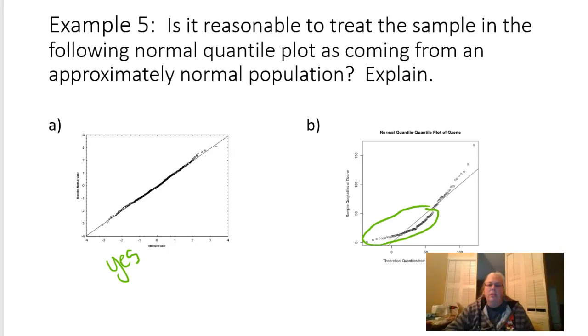You'll notice that this particular graph seems to have a little bit of a curvature going right here, and it seems to suggest more an exponential type curve than a straight line. And so because of this curvature, because we can see the curve, we would say no, we don't want to treat this sample as coming from an approximately normal population.